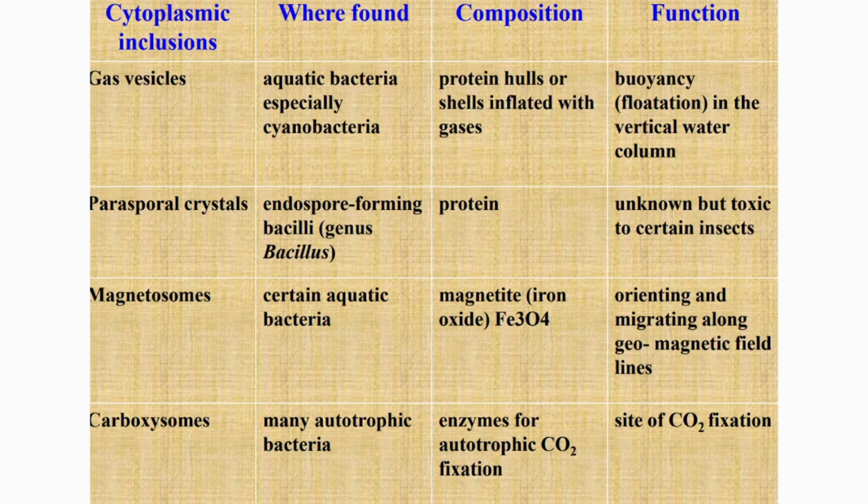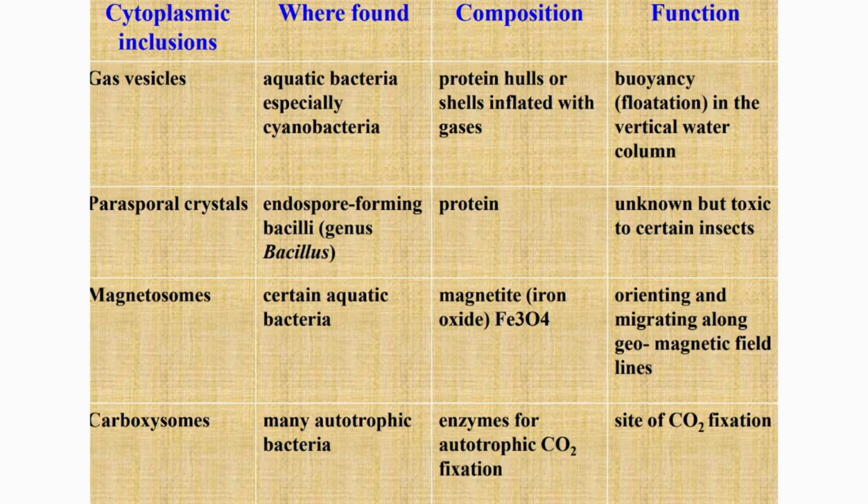There are various bacteria which form endospores within the body, inside the cell. You can see the endospore formation, and the function is yet to be elucidated, but it is toxic to certain insects or certain living organisms.